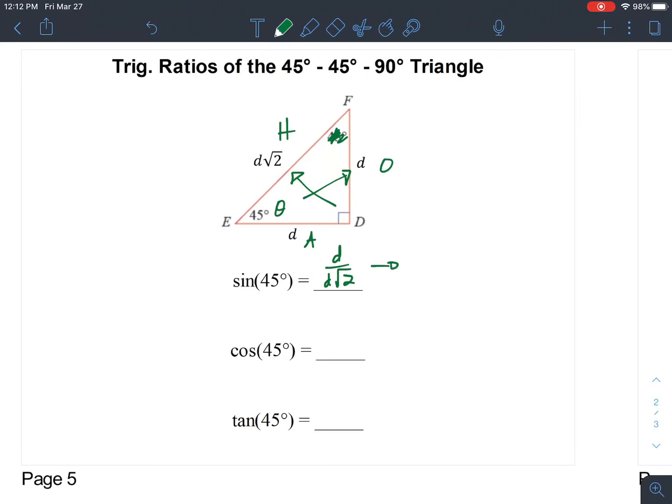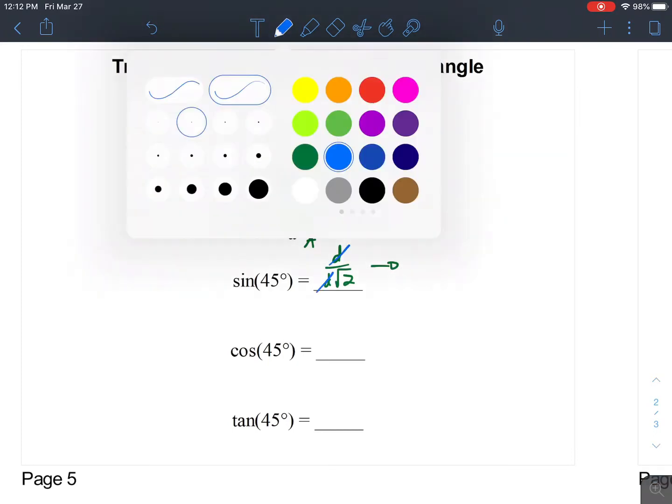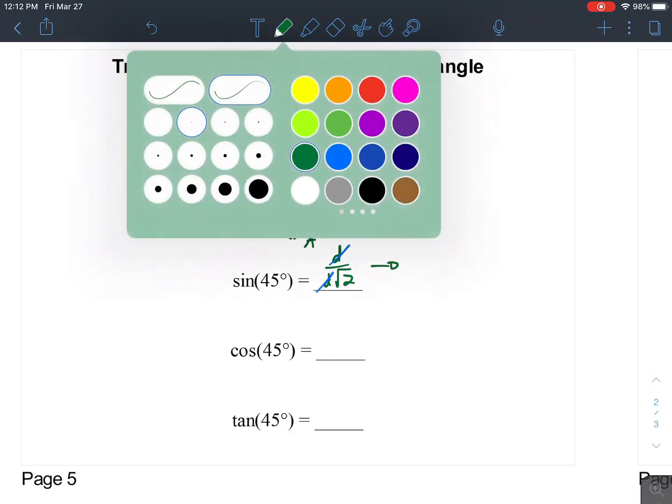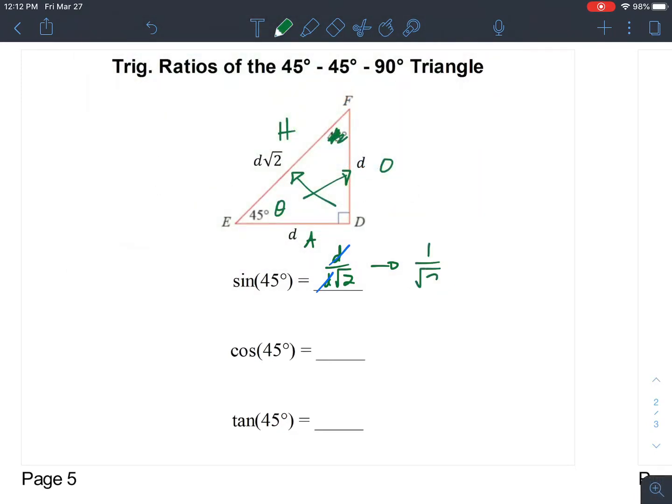But then we should simplify that. We can get rid of the d on top and bottom. So now we are left with 1 over square root of 2. Some textbooks, some websites are going to leave it as 1 over square root of 2, but I want you to be aware that there is a ratio that is far more common.